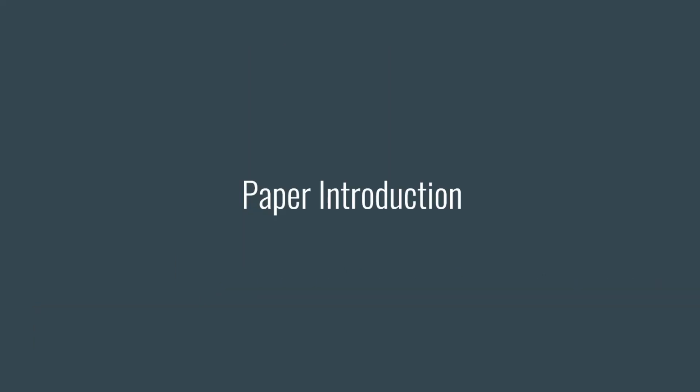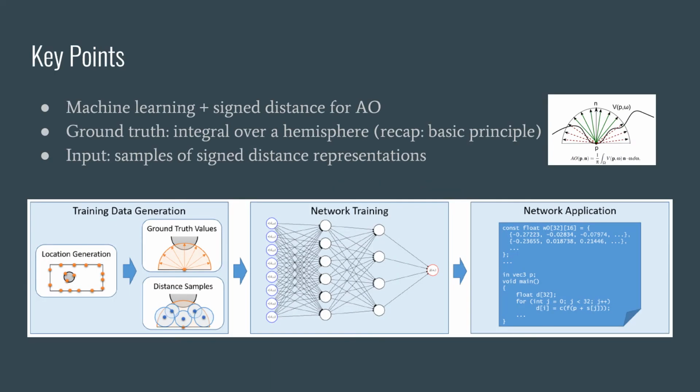Until now, we've seen how ambient occlusion using machine learning and using signed distance representation works. It's very straightforward after that; we just have to combine the two tracks. The neural network now takes SDF values as input. Ground truth is an integral of emanated rays over a hemisphere, following the basic principle of ambient occlusion.